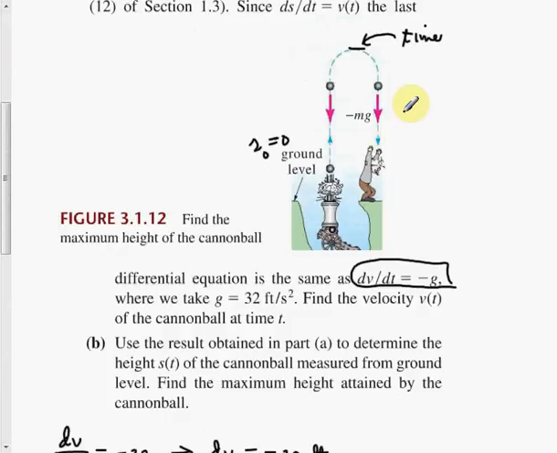So if I set the derivative equal to 0, that means the slope of the tangent is a horizontal line. That means this ball is going up. It crests right there. That's that tangent. That's the height. Then it goes back down. So if I set the derivative of this height equation equal to 0, I can solve for t.